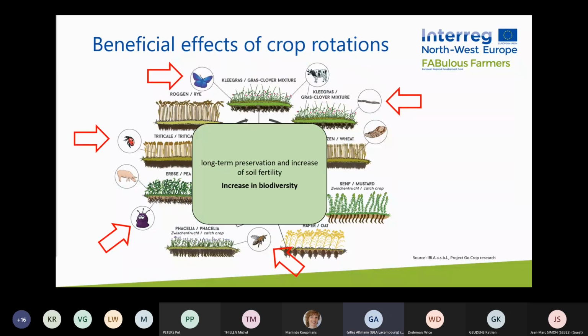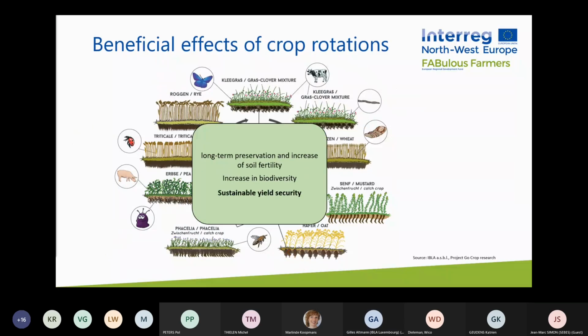Then crop rotations can support an increase in biodiversity. As you can see, we have butterflies, bees, and other pollinators. We have earthworms, and we have soil microorganisms, and also beetles. Well, another point is that a rotation of crops which support each other and fit each other ensures, or can possibly ensure, a sustainable yield security.